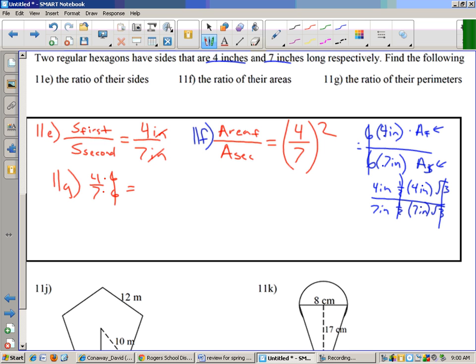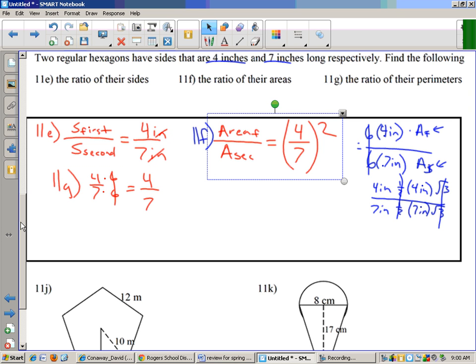So the ratio of the perimeter is the same as the ratio of the sides, because the perimeter is just a sum of sides. This is back when we talked about one-dimensional, two-dimensional, and three-dimensional, right? We said this is a one-dimensional rate. Squared is a two-dimensional rate, and if we go up to volume or weight, that's going to be a three-dimensional weight, and it would have been cubed.